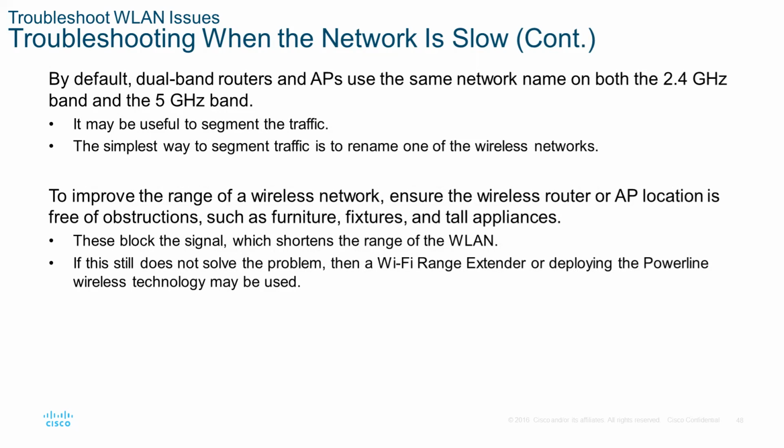You may need to find ways of putting in extenders, such as Powerline Wireless. So this is where you plug an adapter into a power point, and it connects to the wireless network. So there's various technologies that allow us to do that.